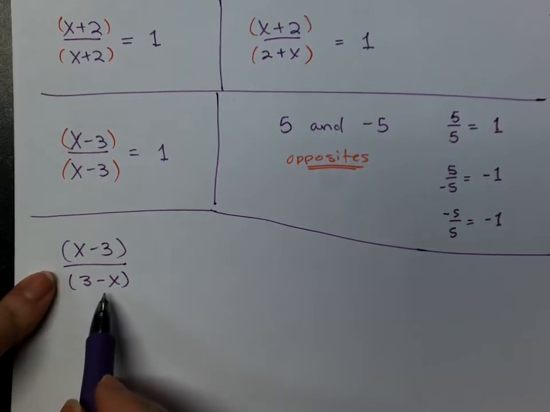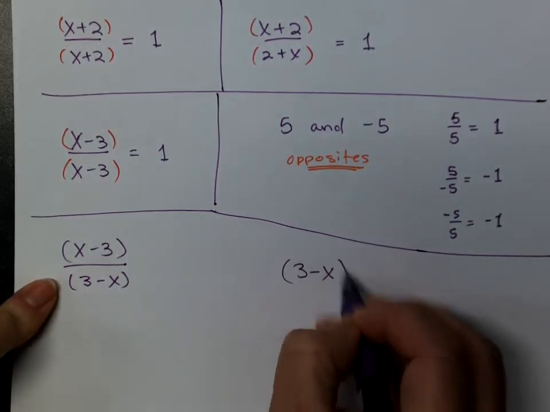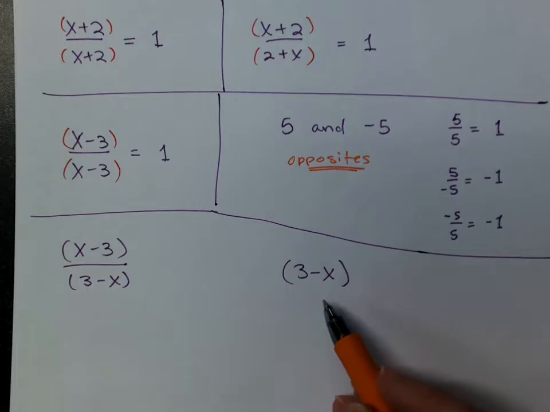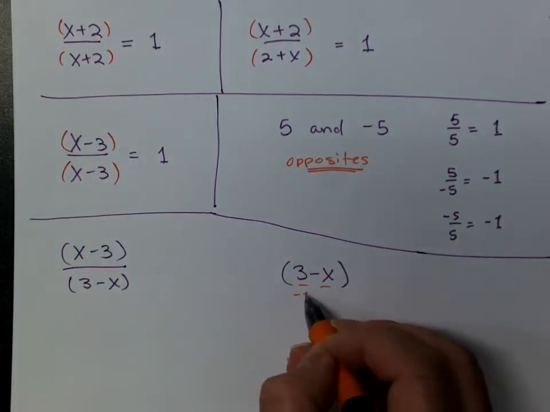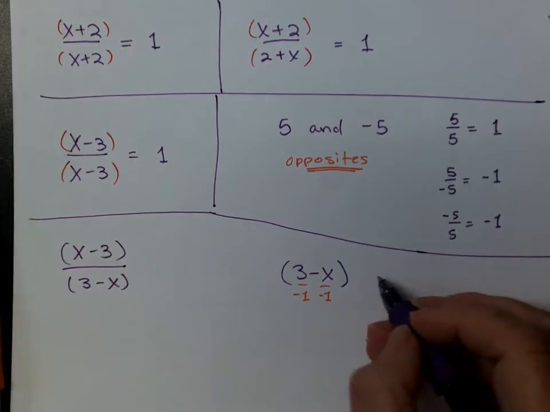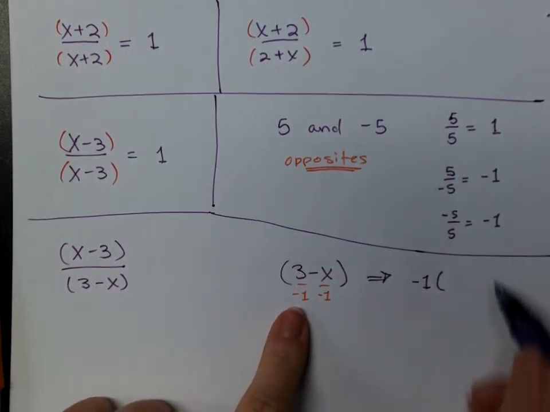So opposites look like this. Let's take the 3 minus x, and I want you to factor out a negative 1. They have no GCF, right, except for 1 or negative 1. So let's factor out a negative 1. Well, if I factor out a negative 1, what does that leave behind?